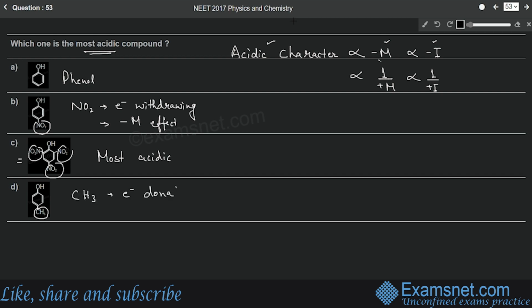Okay, electron donating group, and it will show which type of effect? It will show plus I effect. That means it will be least acidic among the four options because acidic character is inversely proportional to plus I effect. Therefore, the correct option is option C. This is the most acidic compound.